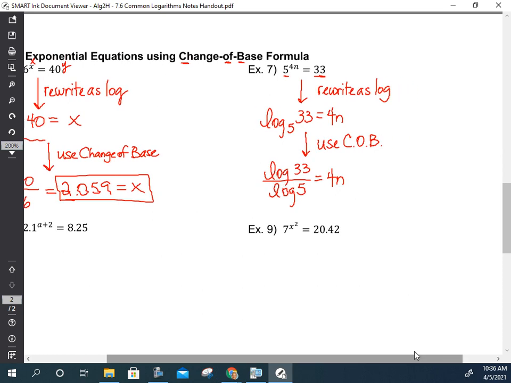So again, we let the calculator do a little bit of work. Log 33 divided by log 5. That'll give you 2.173 equals 4n.